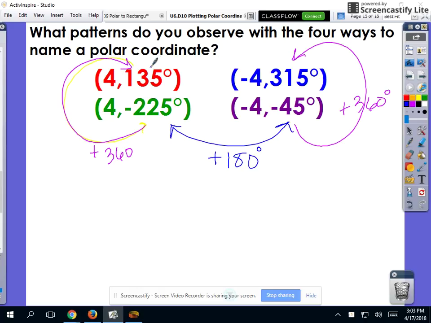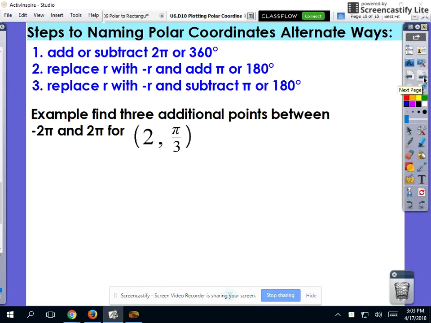Okay, and from here to here, you're also adding 180. So they have a pretty clear distance between one another. And 2 are +4, 2 are -4. Also, all of these angles are between -360 and +360. And there are only 4 that you can list between positive 360 and -360.